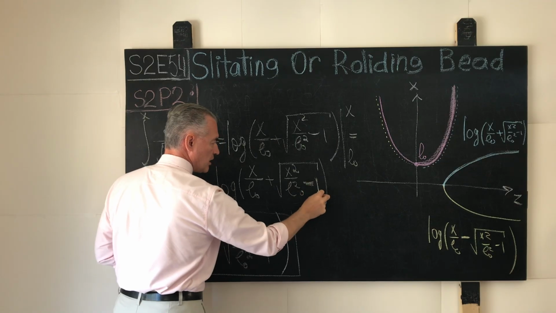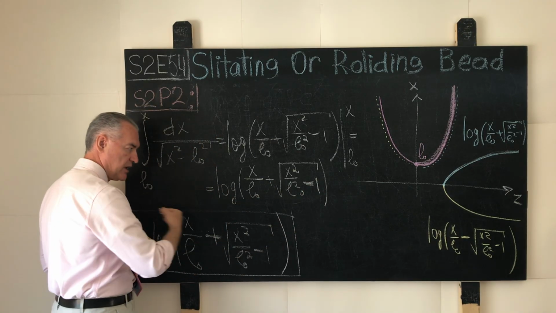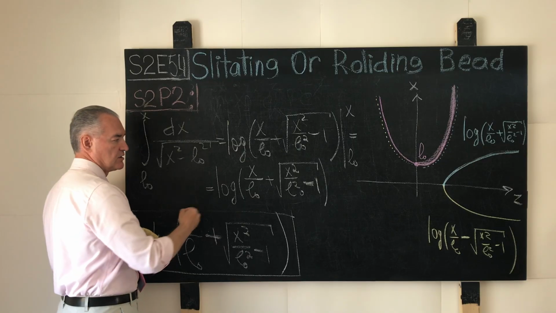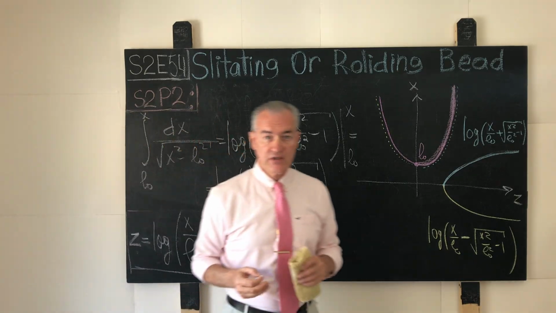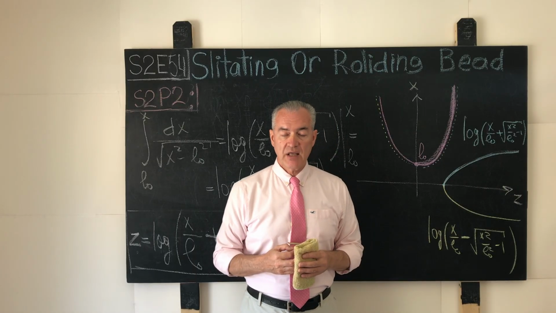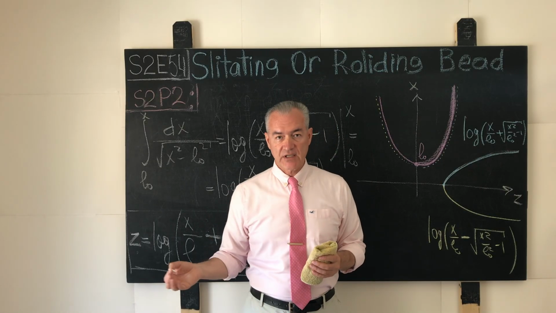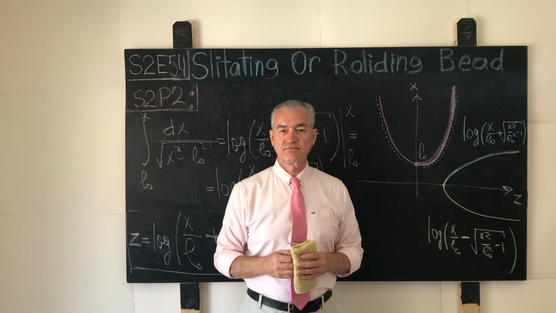And now we have a full, complete analytic closed formula for the left-hand side of the integral of our original equation. And now we can equate the left-hand side to the right-hand side.